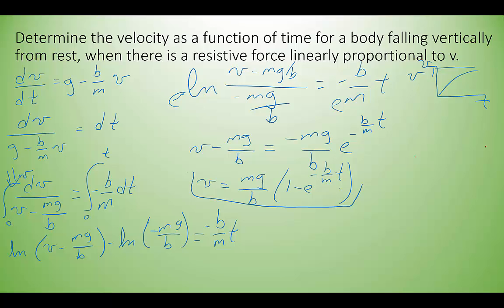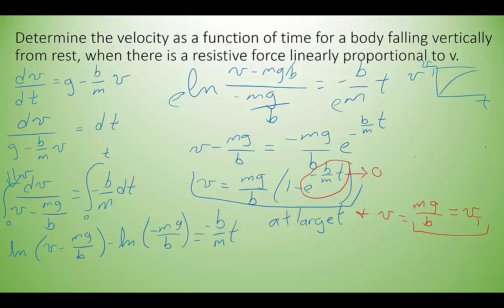So the velocity approaches mg over b, which is the terminal velocity that we had just come up with on the last page.